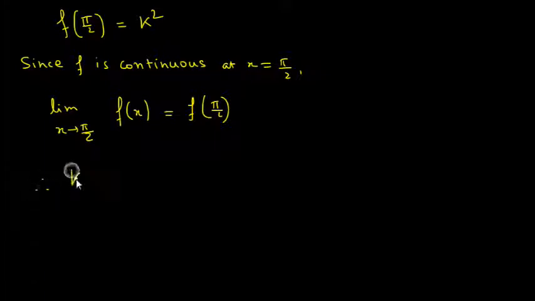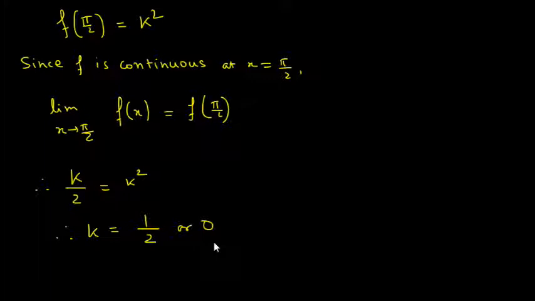Therefore, k by 2 is equal to k square. Therefore, k is equal to half or 0. So, this is the solution.